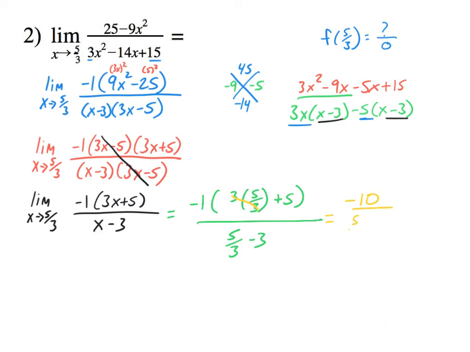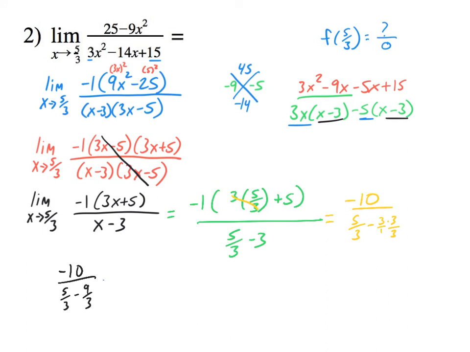And on the bottom we have 5/3 minus 3, so we have to multiply, that's over 1, so we're going to multiply top and bottom by 3. So what I now have here is -10 over 5/3 minus 9/3.